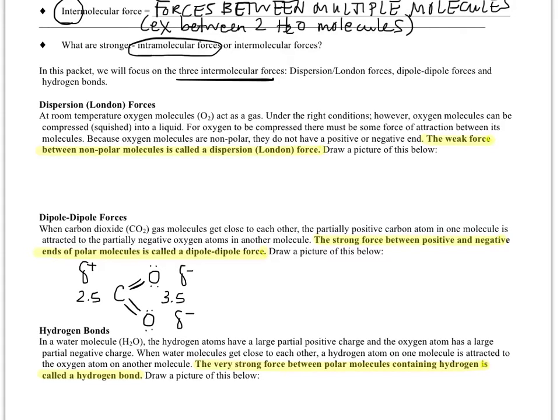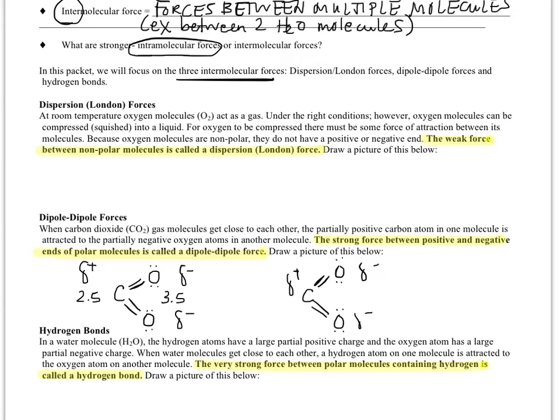Now we've got a bunch of carbon dioxide molecules all close to each other. So let's draw another one in here, and let's think about what's going to start to happen. Same thing over here. Carbon's a little bit positive. The oxygens are a little bit negative.